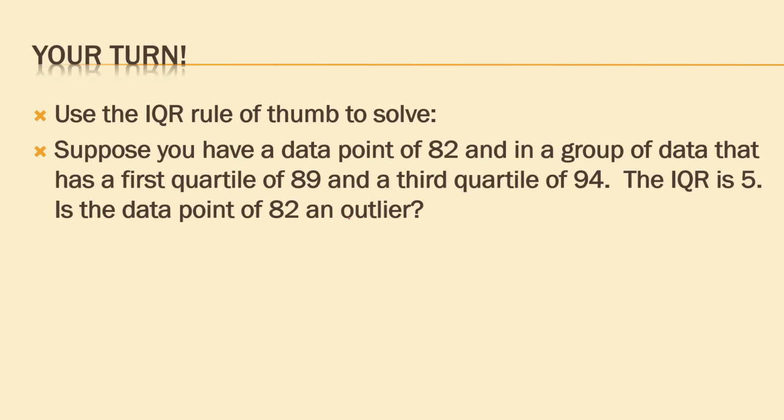Now, if we're dealing with the values Q1 as 89 and Q3 as 94, then we're looking for Q1 minus 1.5 times the IQR. Well, 1.5 times 5 is 7.5.